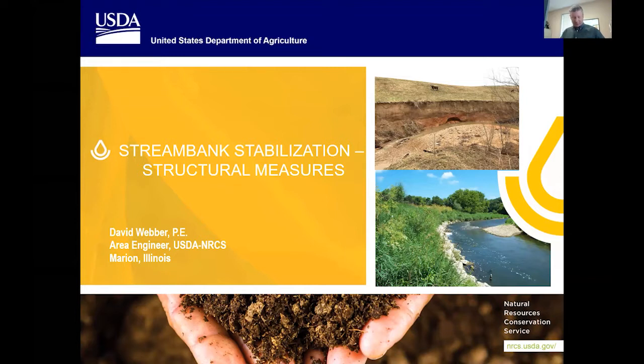I'm going to keep my presentation fairly non-technical in nature, and sort of gear it towards showing you some of the types of things we do with stream banks, some of the practices, procedures, inventory procedures, and things that we use. I tried to estimate how many of these I'd worked on over time, and I came up with at least 600 projects that we've done in Southern Illinois, all on private land.